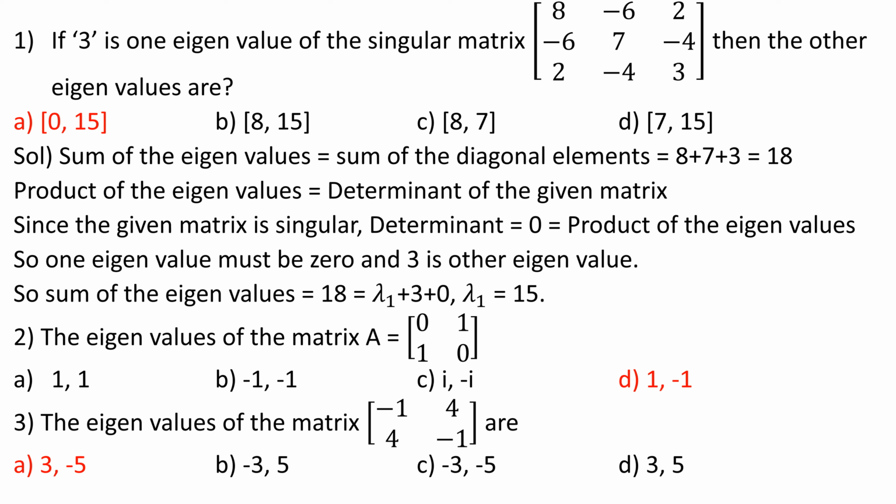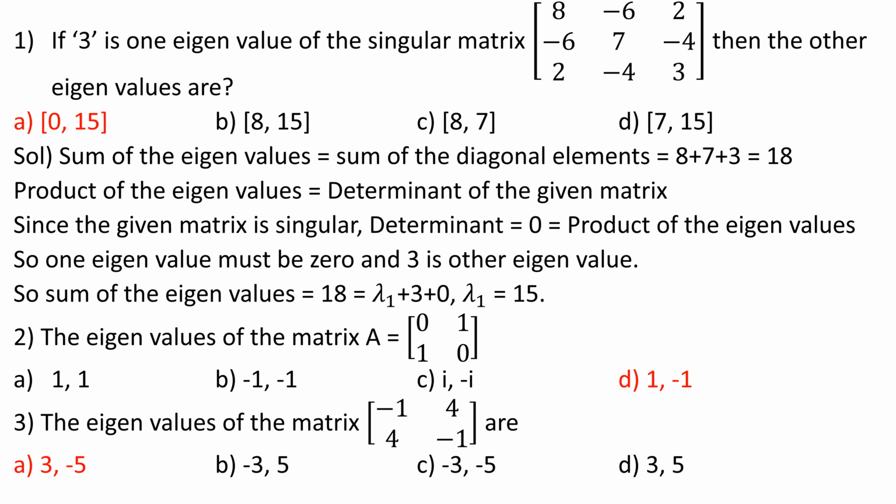That means one eigenvalue must be 0, and another eigenvalue is given as 3. So sum of the eigenvalues: first eigenvalue lambda 1 plus 3 plus 0 is equal to 18, and lambda 1 is equal to 15. So other eigenvalues are nothing but 0 comma 15, so option A is correct.